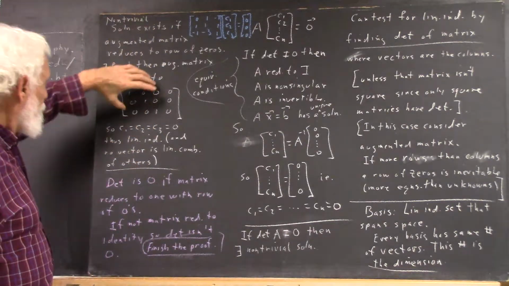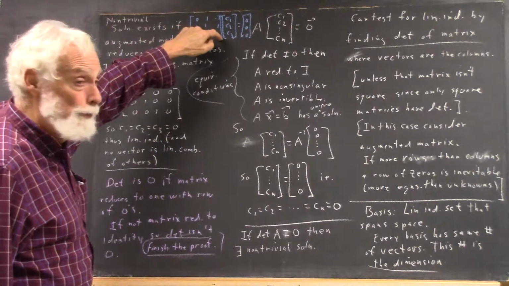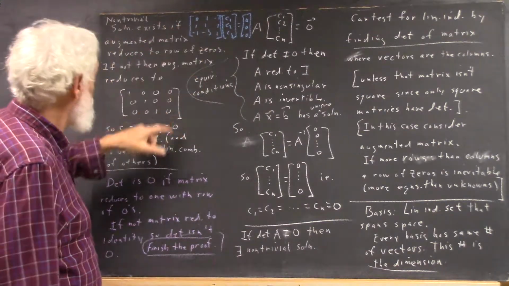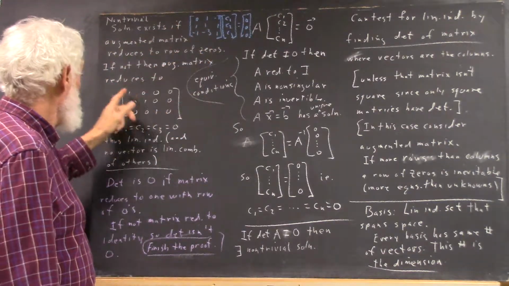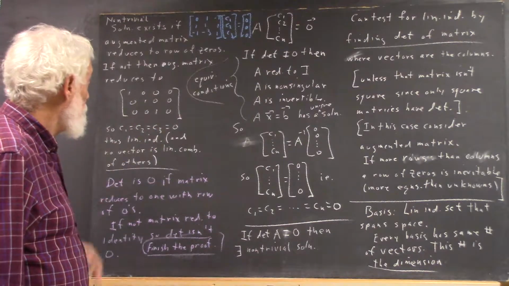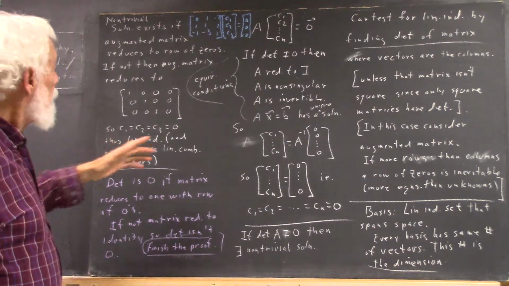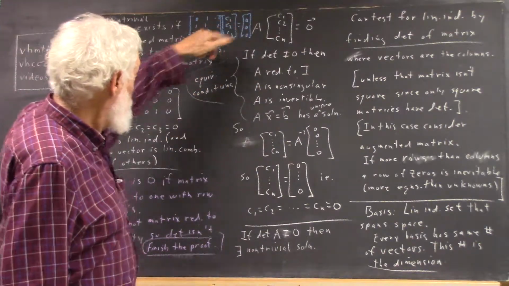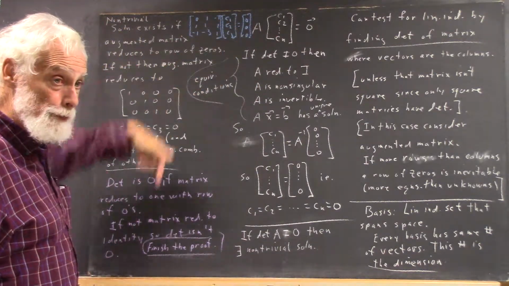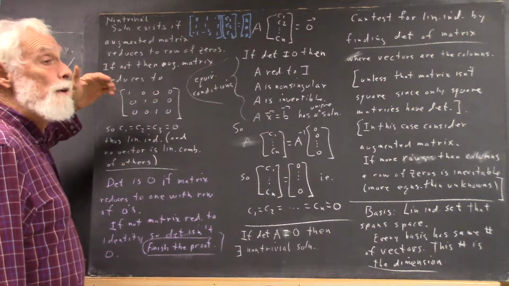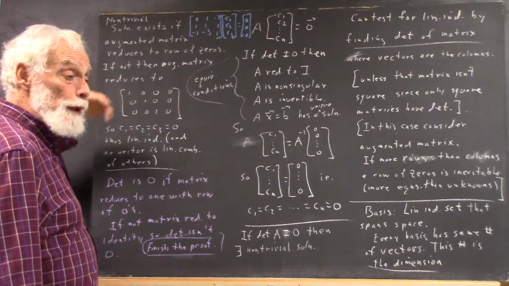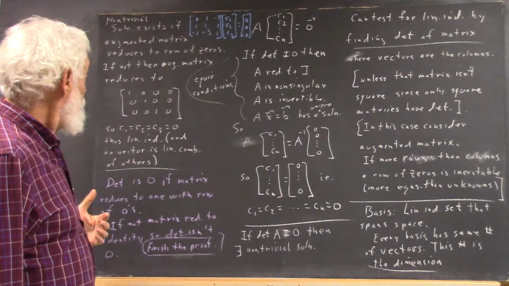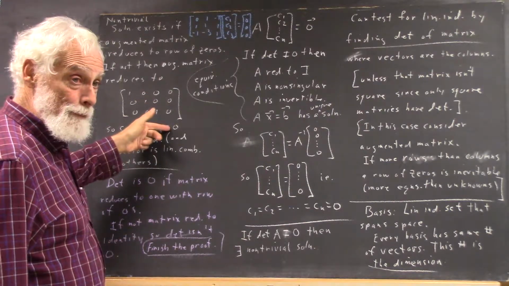Now, these three columns would originally be these three, but it could be that this matrix reduces down to the identity. Whatever the augmented matrix reduces down to, it starts with a column of zeros. The fourth column will be a column of zeros, and there's no valid row reduction operation that would change that.